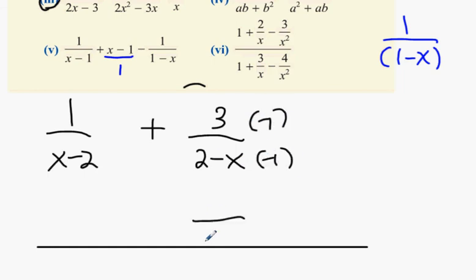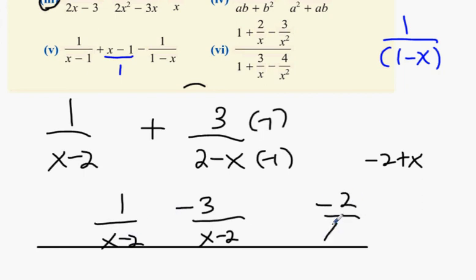The bottom will turn into minus 2 plus x, which is the same thing as the minus 1 multiplies by the 3 to give you, and then all of a sudden this question becomes really easy because the answer is minus 2 over minus 1 top and bottom.